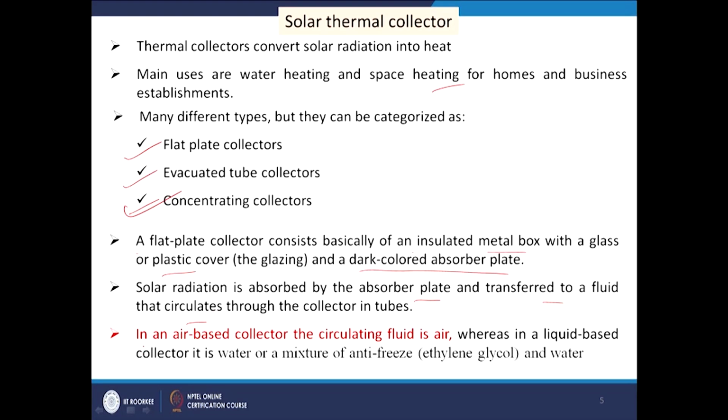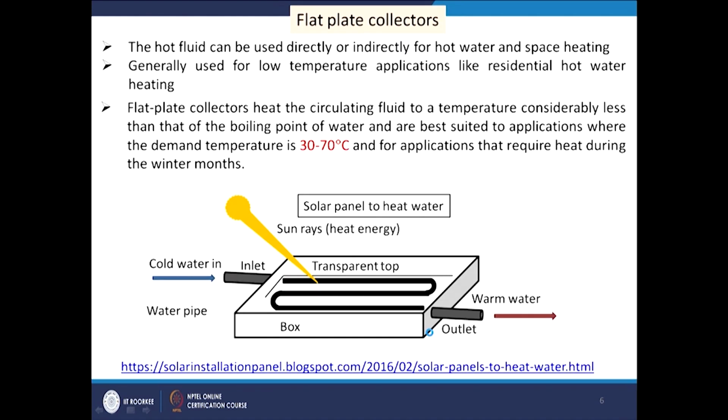In an air collector the circulating fluid is air, whereas water can also be used as a fluid, and in some cases an antifreezing agent is also used, otherwise if the temperature is below 0 degrees centigrade, it will freeze. So the antifreezing agent is used to capture sunlight when the temperature is below 0 degrees centigrade.